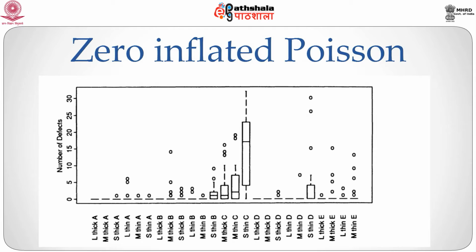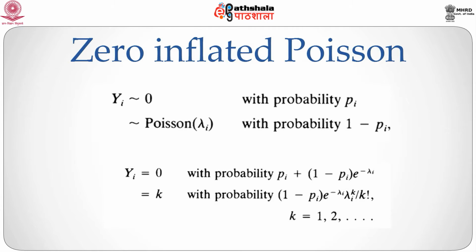Lambert looks at some likelihood-based means of modeling this data. So the zero inflated Poisson regression model assumes that we have responses y equal to y1, y2, up to yn, say, which are independent, such that yi equals 0 with probability pi, and it follows Poisson lambda i with probability 1 minus pi.